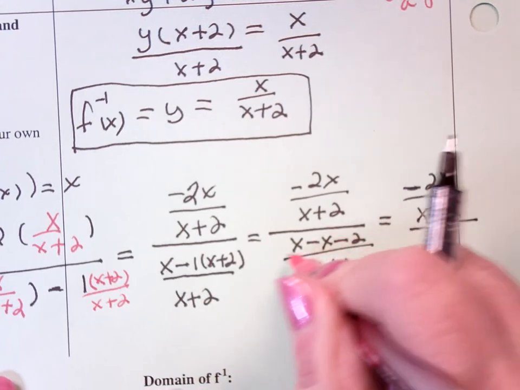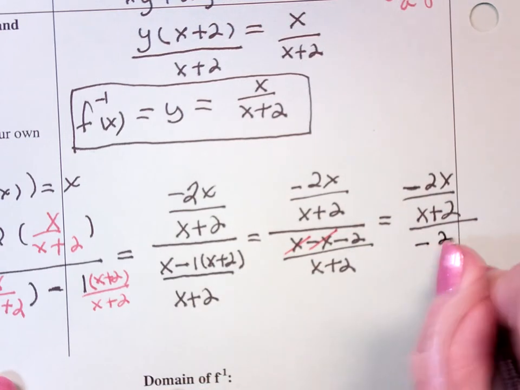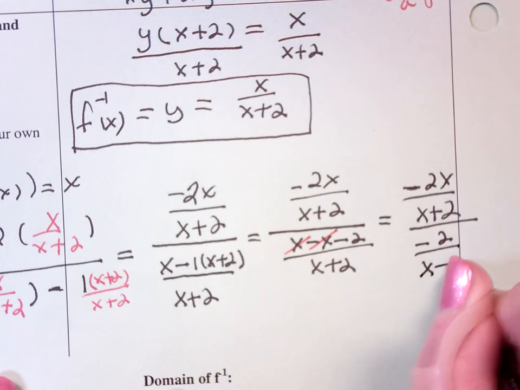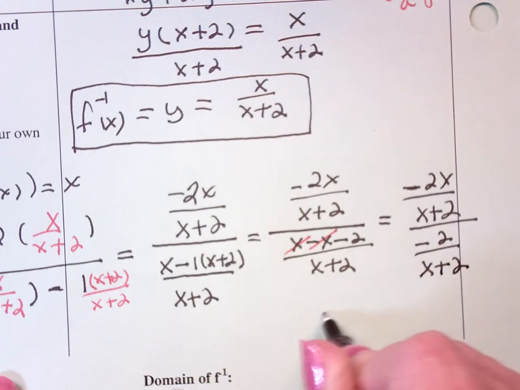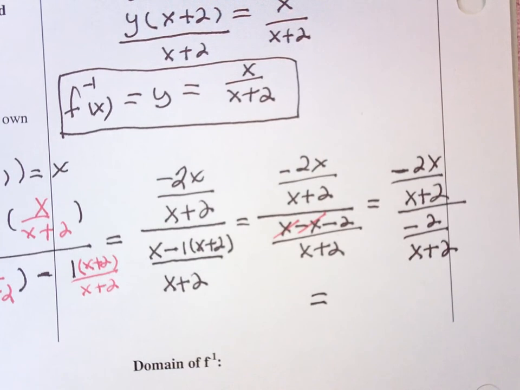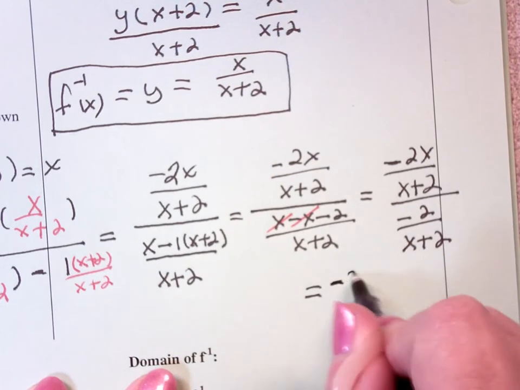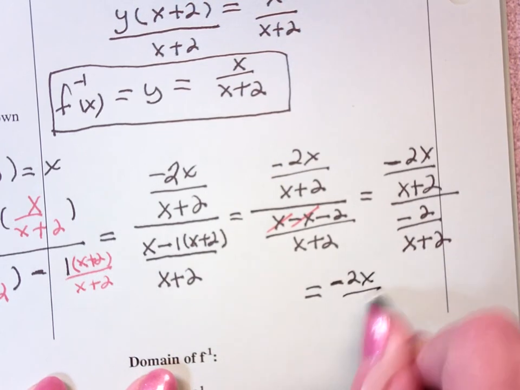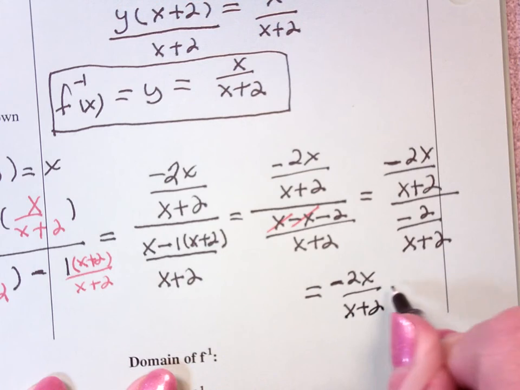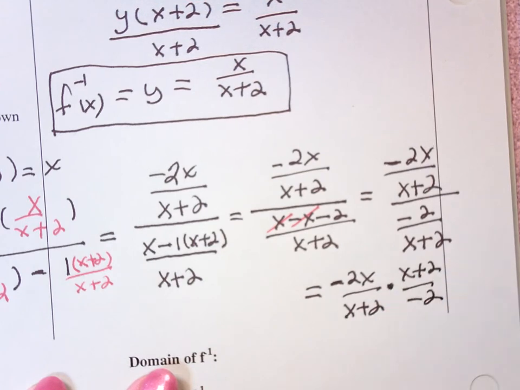The x's add to 0. I have minus 2 over x plus 2. And now what do I need to do? I have a single fraction divided by a single fraction, and what do I do? Divide. Invert and multiply. Negative 2x over x plus 2 times x plus 2 over negative 2.